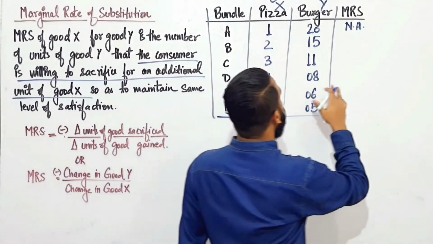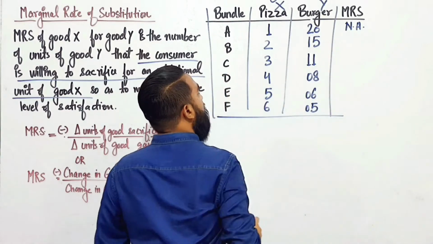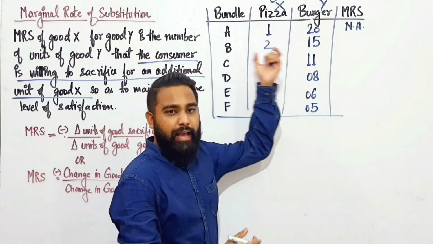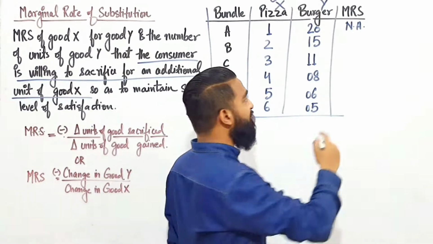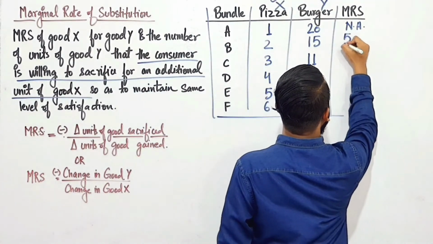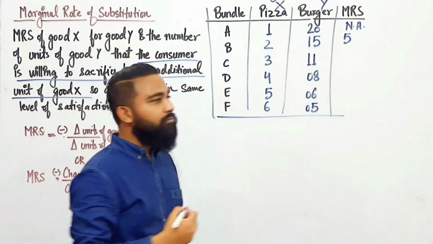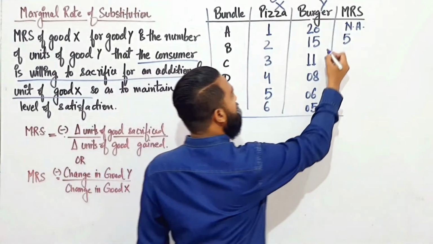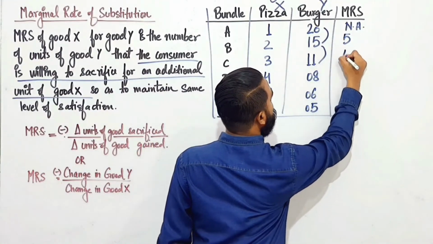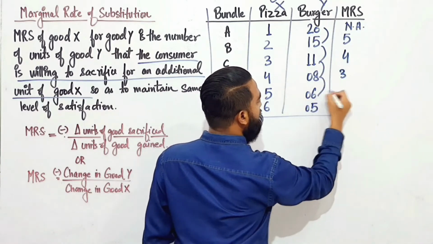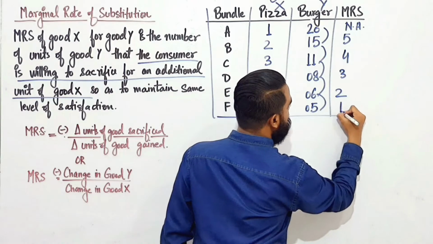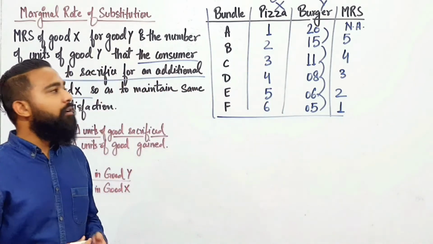Now, you need to calculate the MRS for good X and good Y. How many burgers have you sacrificed? You have sacrificed 5 burgers, so it will be 5. Fine. Now how many burgers have you sacrificed? You have sacrificed 4 burgers. Now you have sacrificed 3 burgers. You have sacrificed 2 burgers and you have sacrificed 1 burger for that.